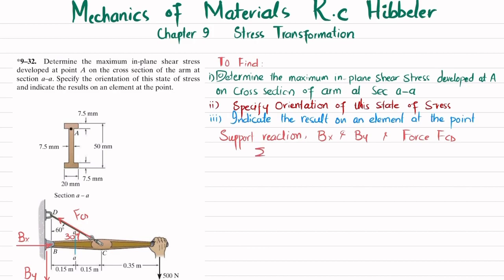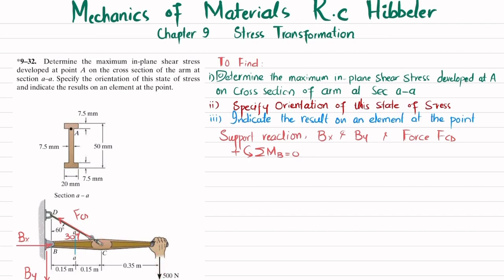So the first equation of equilibrium is that the sum of all moments about point B is equal to 0, taking counterclockwise moment as positive. You can see this is point B, so these two forces are passing through point B and are not producing moment. The only forces producing moment about point B are this 500 Newton and the vertical component of this force.